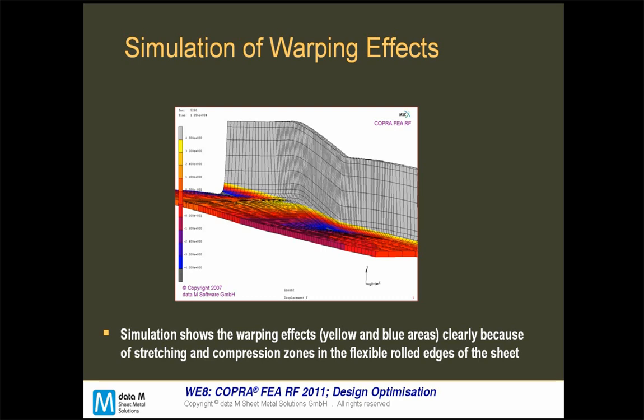So these are some examples I wanted to show you, and all of them show that the FEA is the first step to get to a good quality profile with the least expenses to get these results.